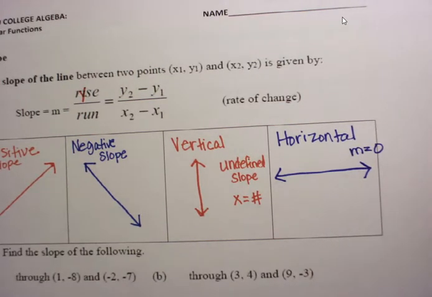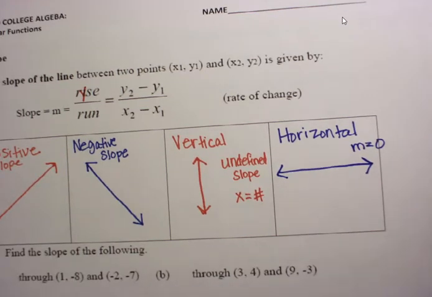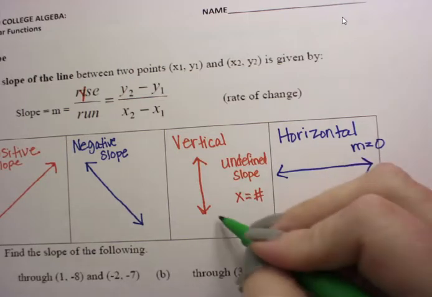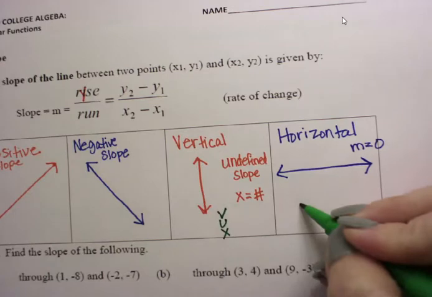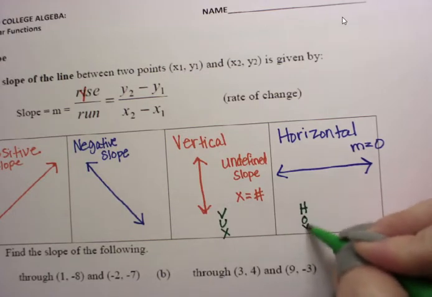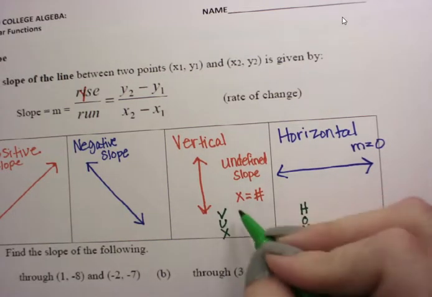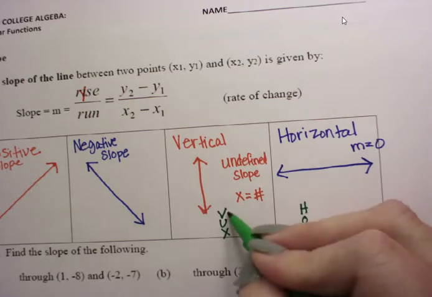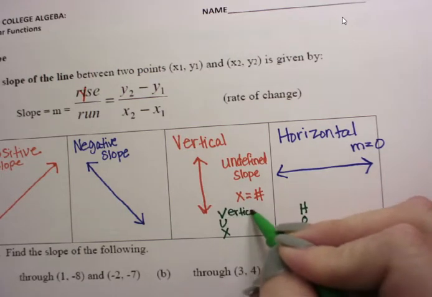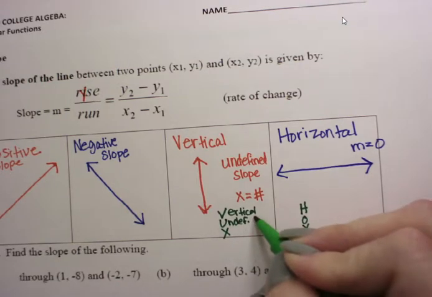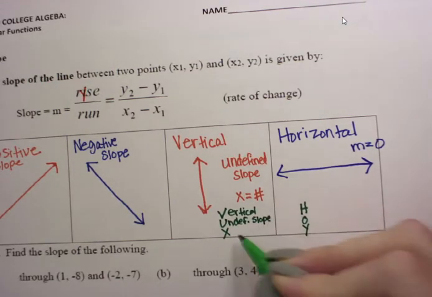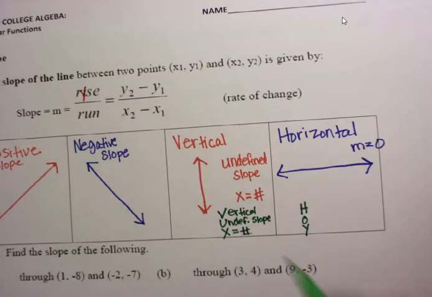Has a 0 slope. Now, something that I like to say that helps me remember the difference between vertical and horizontal is Bucks hoy! Bucks hoy. And that is V for vertical, undefined slope, and your equation is x equals a number.